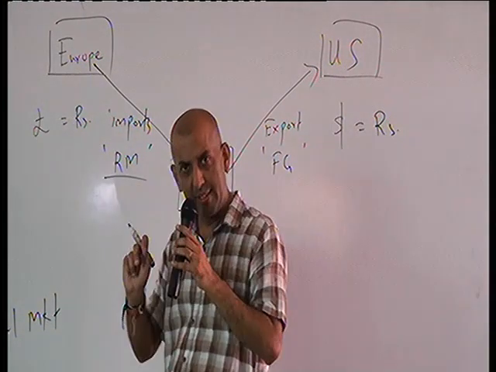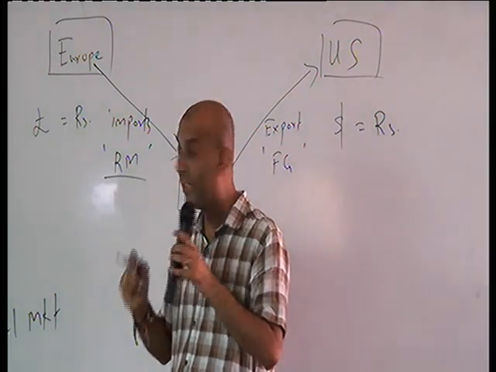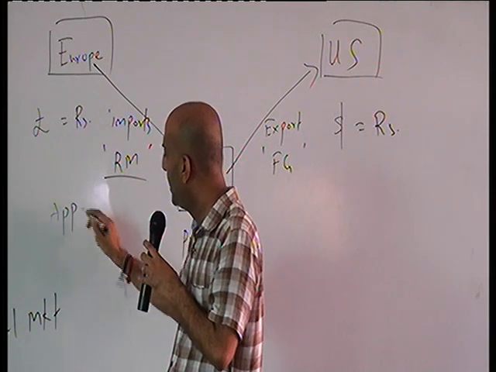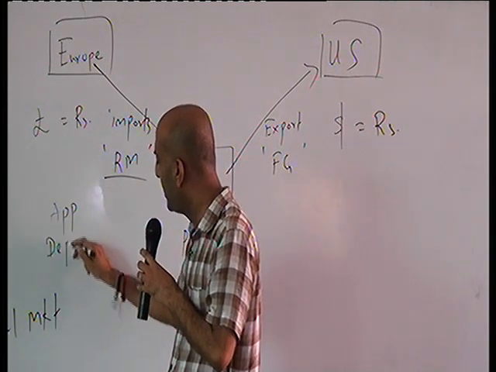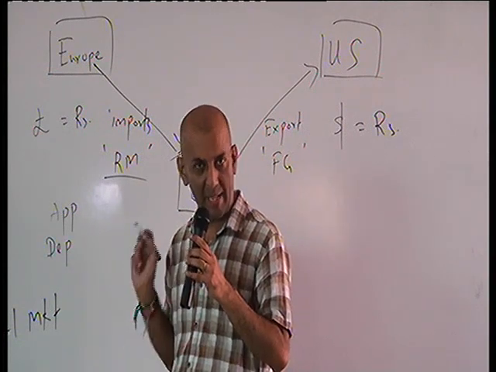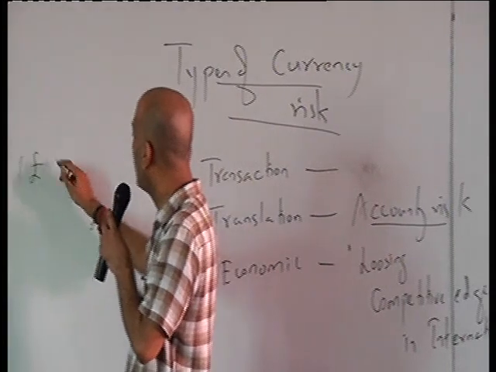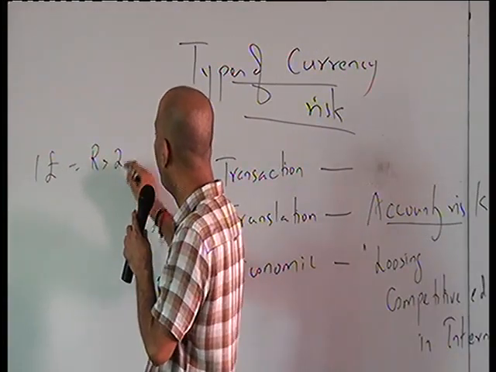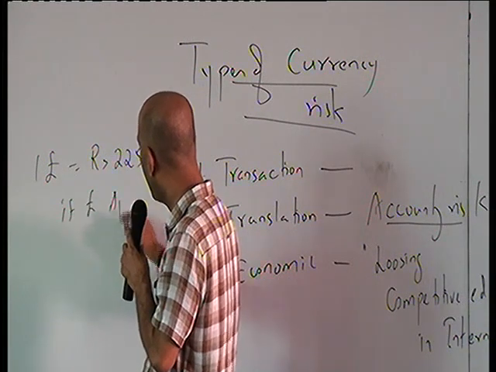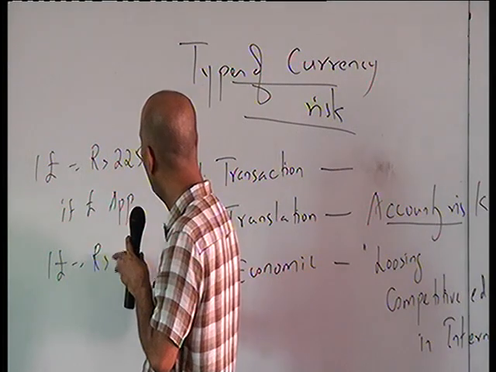What happens is you lose your competitive edge in the international market. Sterling pound appreciation, sterling pound depreciation. If the sterling pound is appreciating, it means, for example, 1 sterling pound equals 225 rupees, and if it appreciates, 1 sterling pound equals 230.